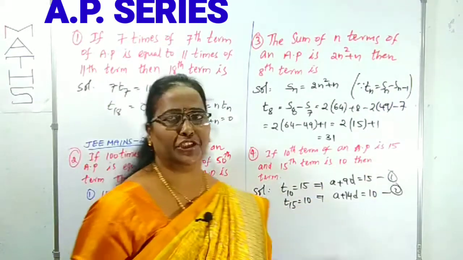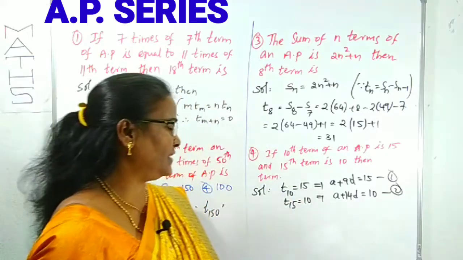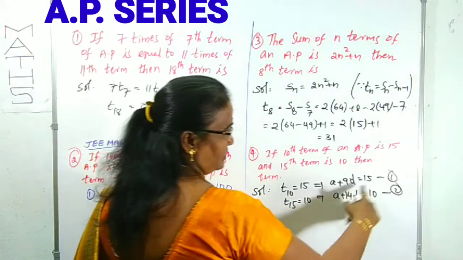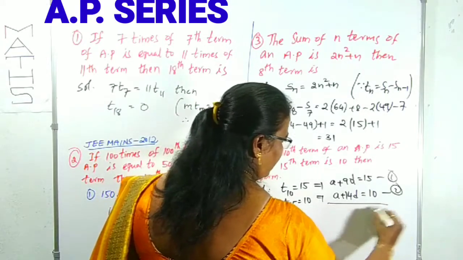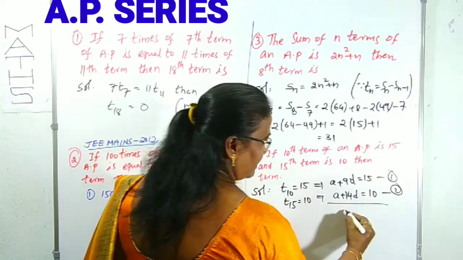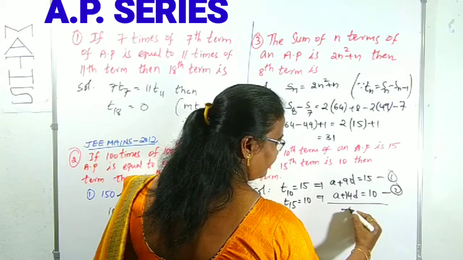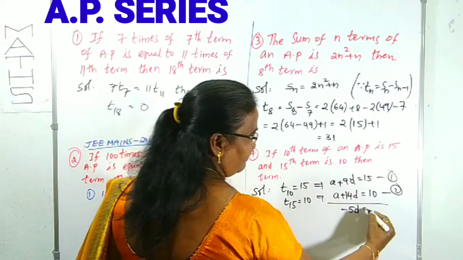He is asking for the 4th term, T4, which means A plus 3D. To find A plus 3D, we can find A and D from these two equations. Take the subtraction here: A minus A is 0, 9D minus 14D is minus 5D, equal to 15 minus 10, which is 5.